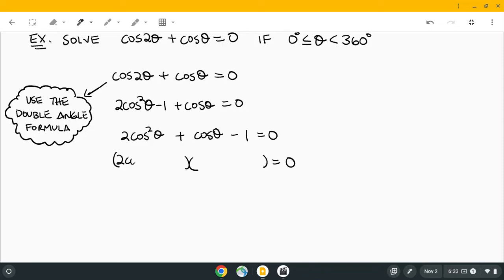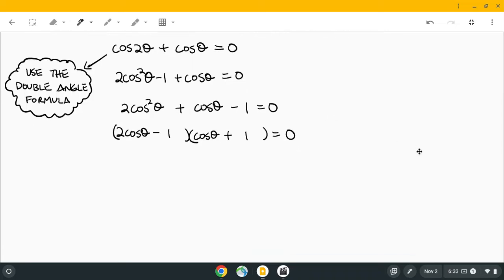So we need 2 cosine theta times cosine theta. And then we need a negative and a positive. And it's 1 times 1 is the only option. And let's check to see we get 1 for the middle. So outside we get 2, inside we get -1. 2 minus 1 is 1. So this is correct.